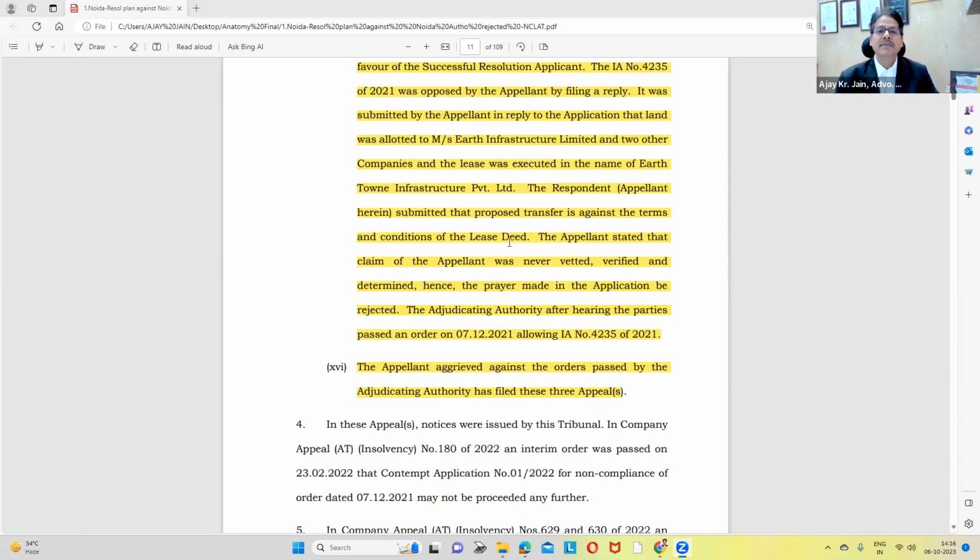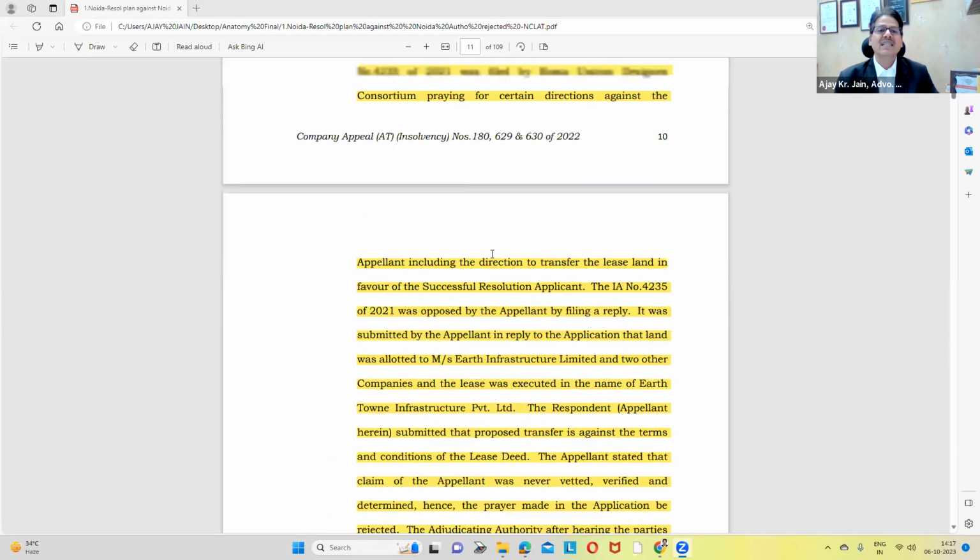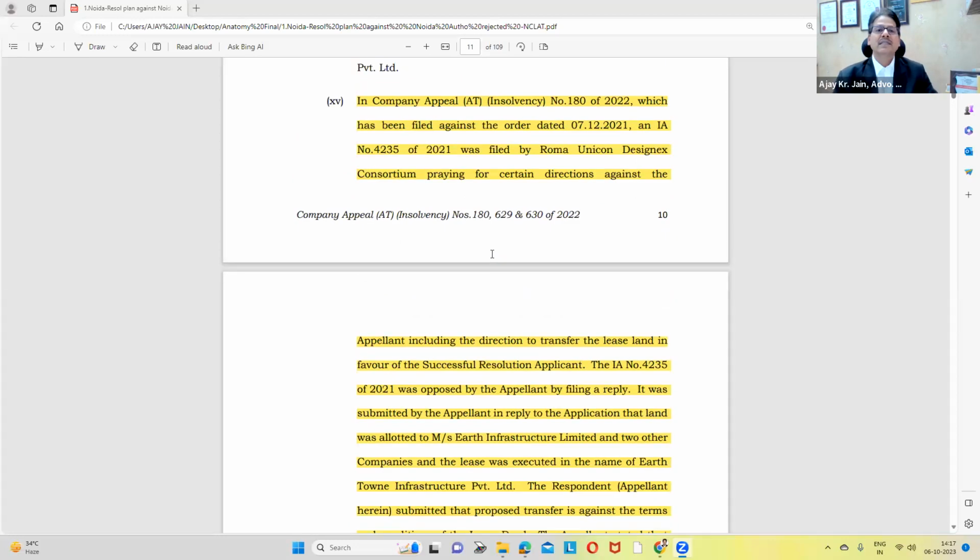The respondent has submitted a proposal against the terms of the resolution plan. The resolution plan was filed by the RP, whereby the resolution plan was approved by the AA, and Roma Unicorn was the SRA.